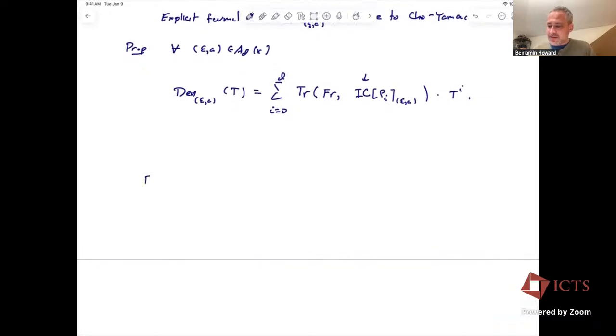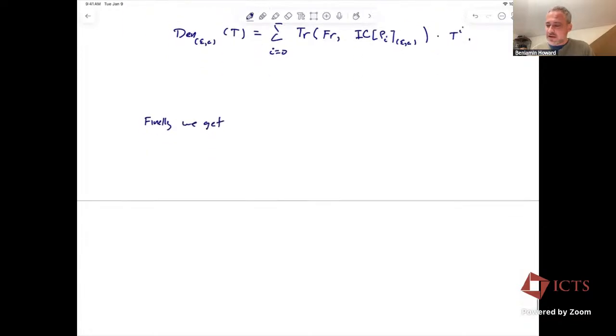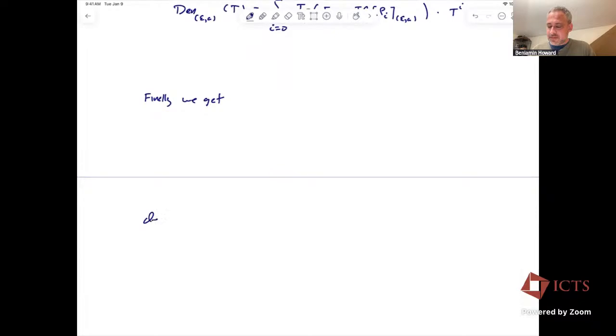So finally, you just compare these formulas. Remember, we've got the degree of our special cycle. I've explained that you can realize that in terms of the trace of Frobenius acting on some sheaves.